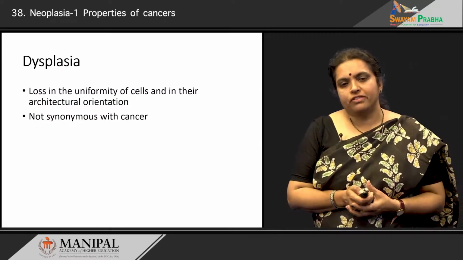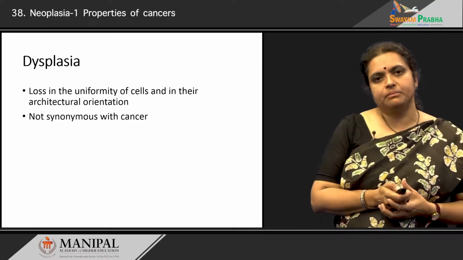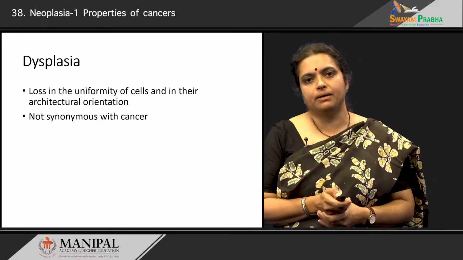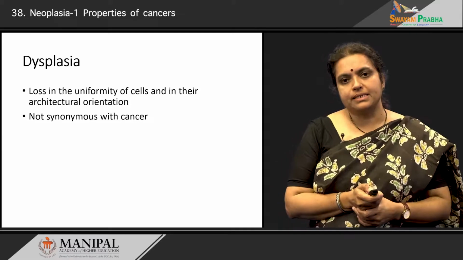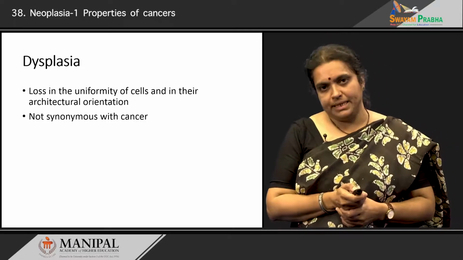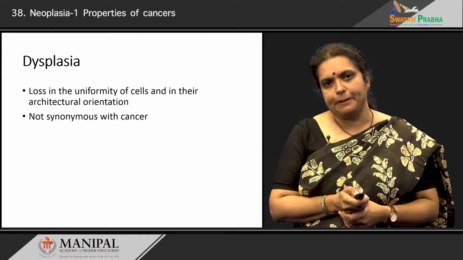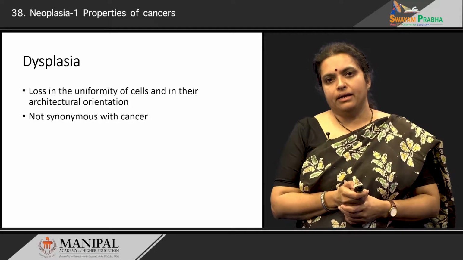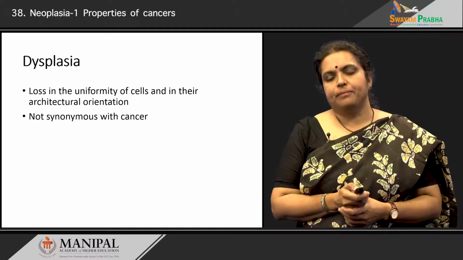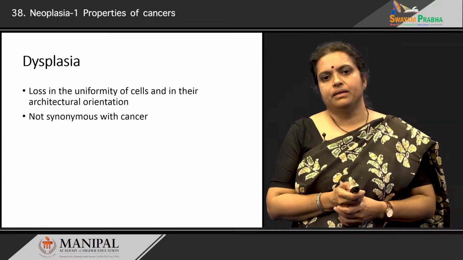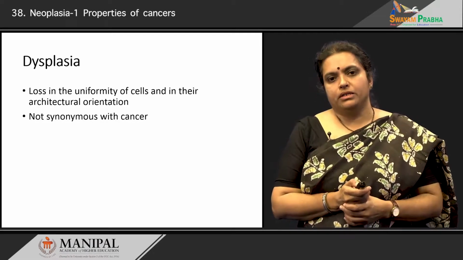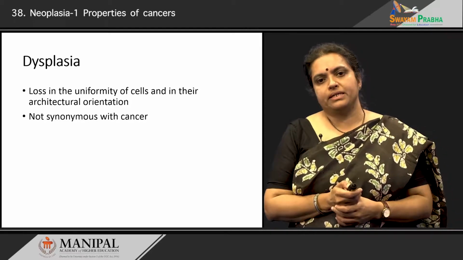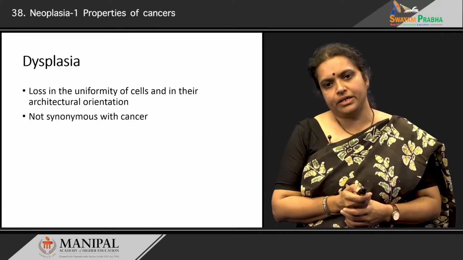Now, when we talk of anaplasia, there is another term that we normally use in the study of cancers, and that word is dysplasia. Now, what is dysplasia? Dysplasia is commonly used in a neoplasm to denote the loss in the uniformity of cells and in their architectural orientation.